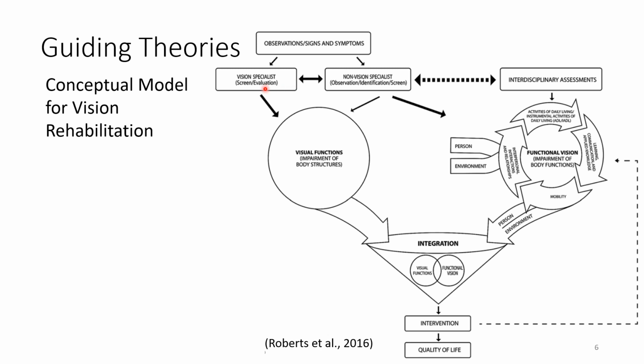Vision specialists treat the impairment of body structures. Non-vision specialists primarily treat the impairment of body functions, which may impact activities of daily living, learning, communication, and applied knowledge, mobility, and interpersonal interactions and relations. All of these providers contribute their expertise to create interventions that improve quality of life as well as functional vision.